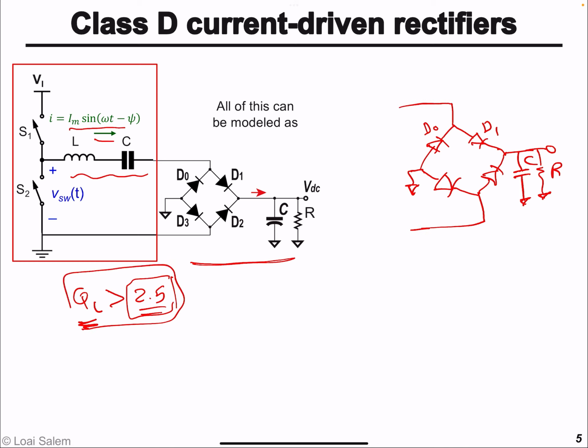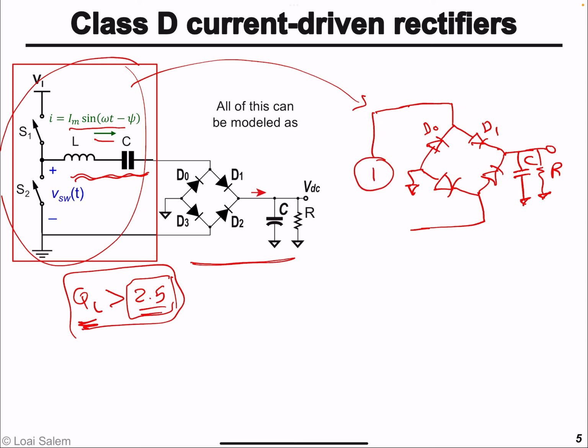Under this condition, the series resonance circuit essentially behaves as an ideal current source, so we can replace all of this part simply by a current source, and the value of the current source is I, given by this sinusoidal expression. The reason is that if you simulate the circuit, you will find that changing the voltage here is not going to affect the current going through the series resonant circuit. So it behaves almost as an ideal current source. As a first order approximation, we replace the transmitter, or the half bridge, as well as the series resonant circuit with just a current source I.